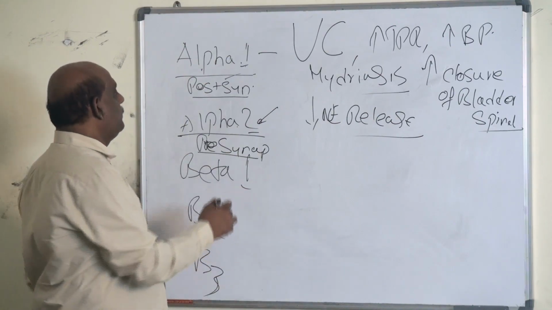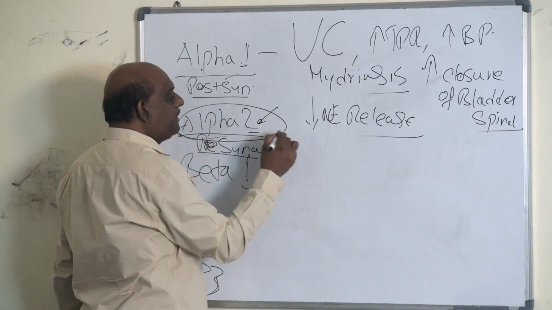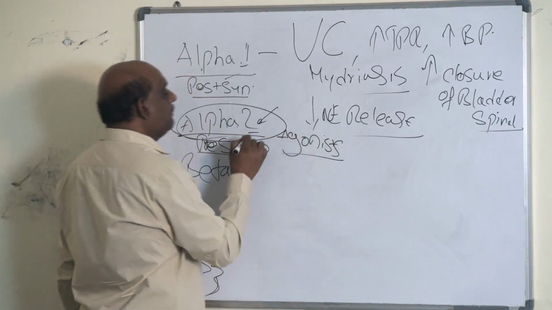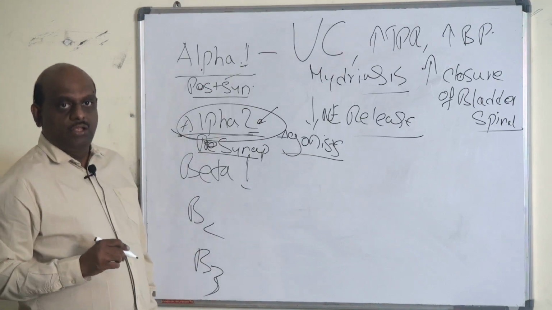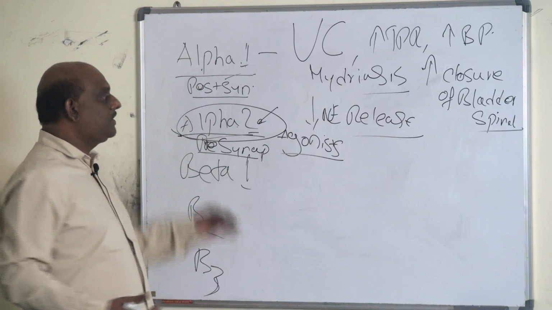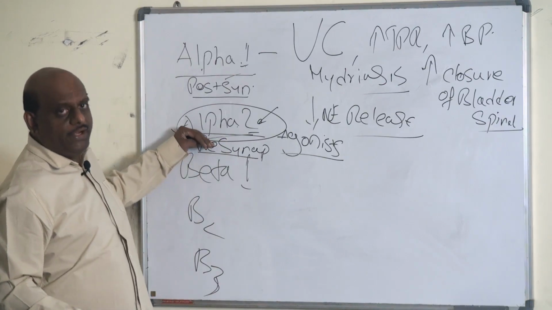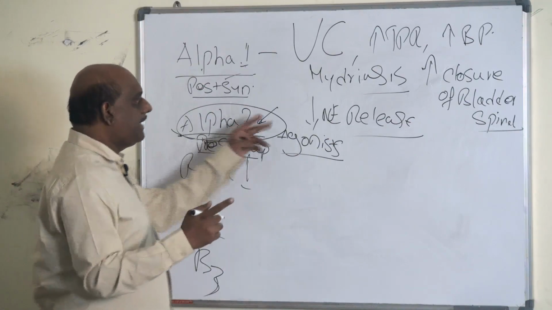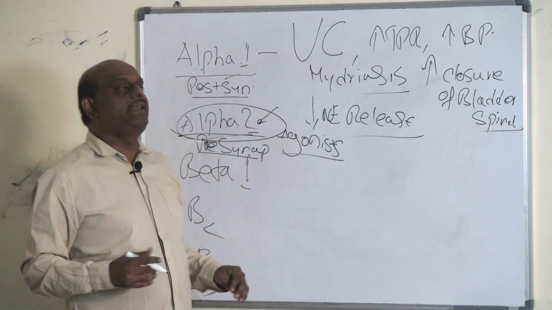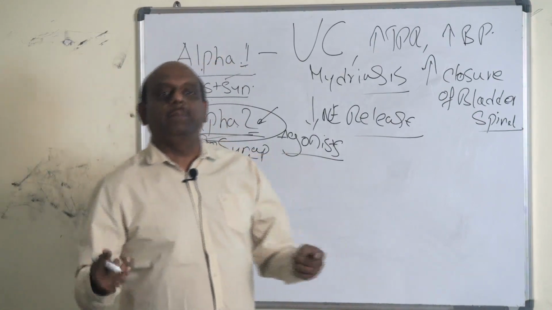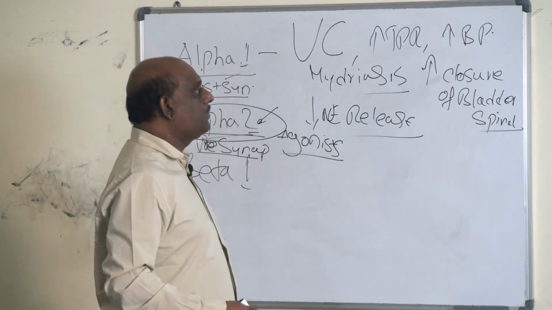That is the reason we use alpha 2 receptor agonists as antihypertensives, like clonidine. How does clonidine act? Clonidine is an alpha 2 agonist, and that decreases the norepinephrine release, and that typically will lead to the antihypertensive effect of clonidine.